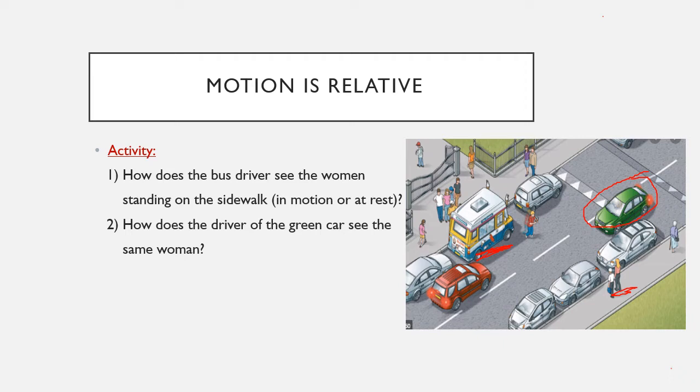For this, the woman is considered to be in motion with respect to this driver. Thus, motion is relative. This means that to determine if an object is in motion or at rest, we have to determine first the reference.